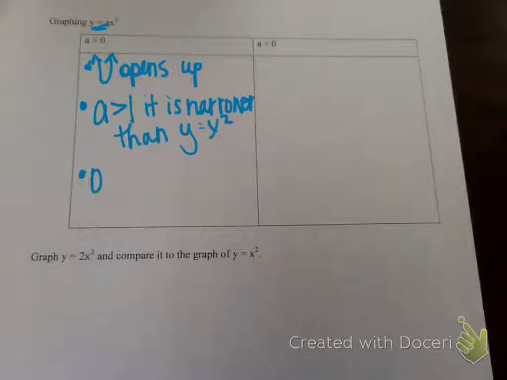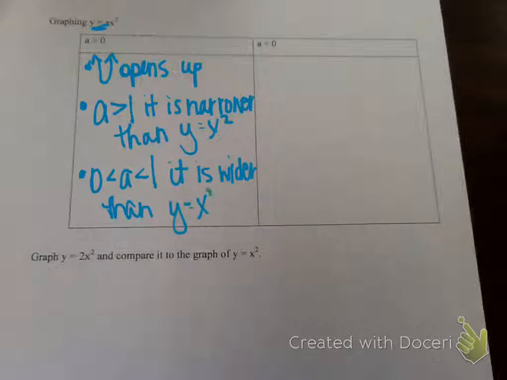When a is in between 0 and 1, so a fraction that's in between 0 and 1, your parabola will be wider than y equals x squared. When you have an a value that's less than 0, your parabola opens down.